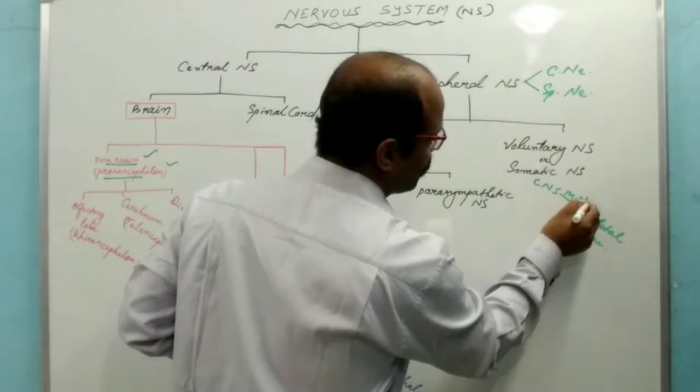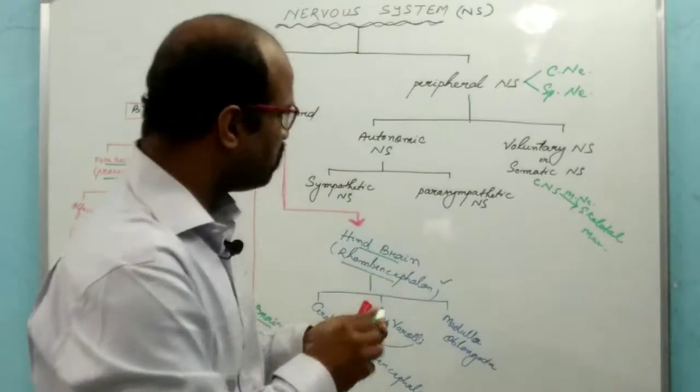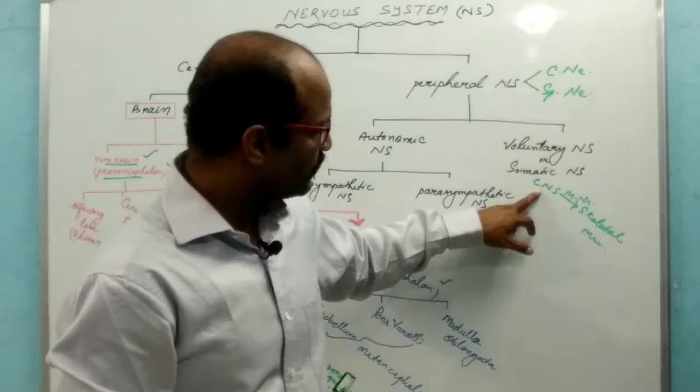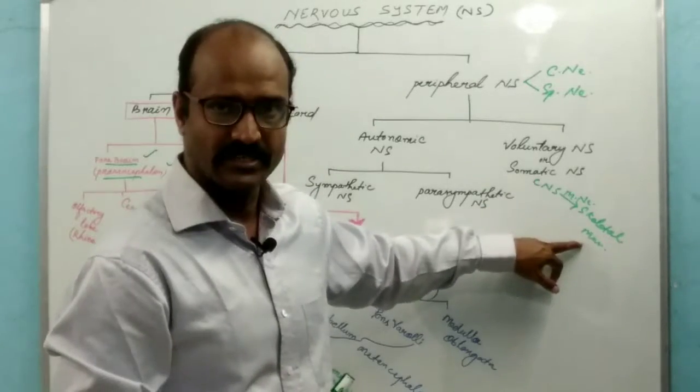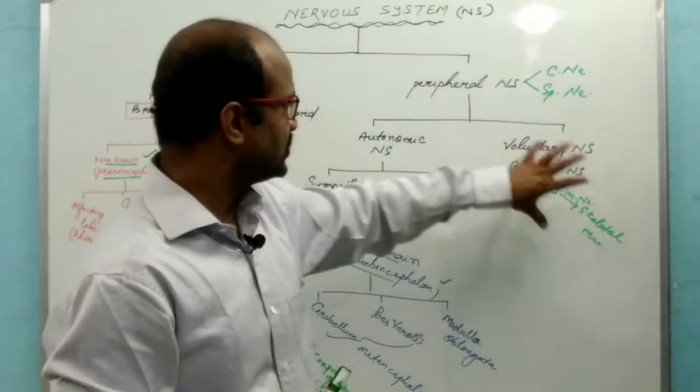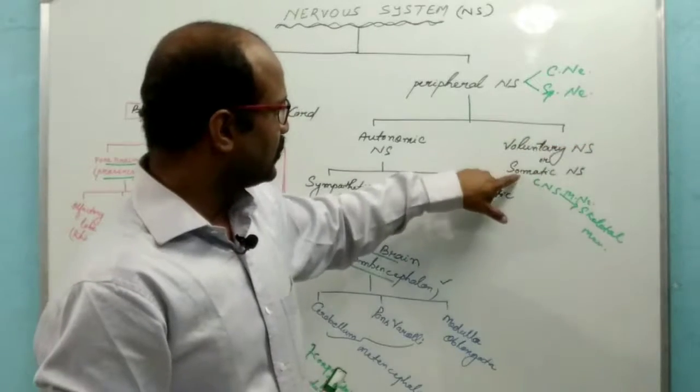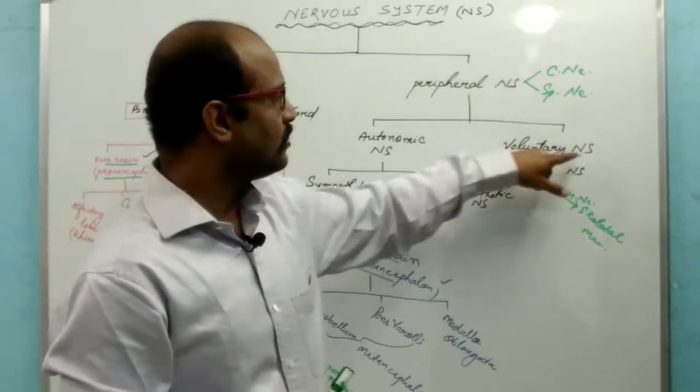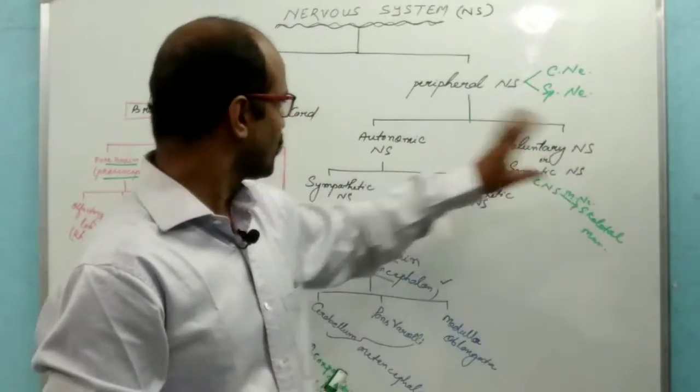So the motor neurons which convey the nerve impulse from the central nervous system to skeletal muscles form the system known as the somatic nervous system or voluntary nervous system.